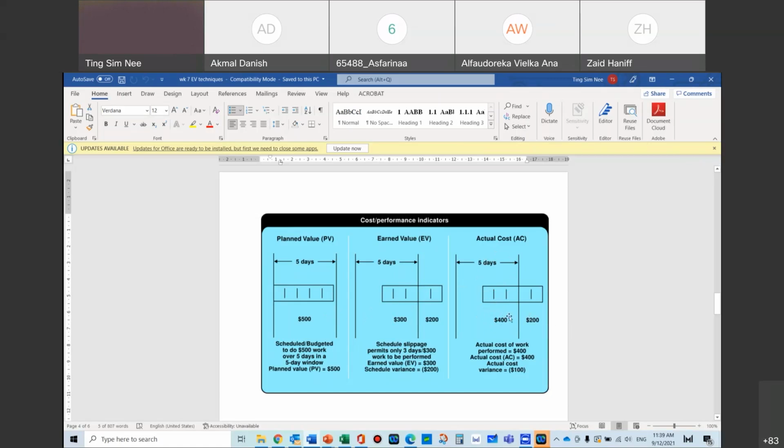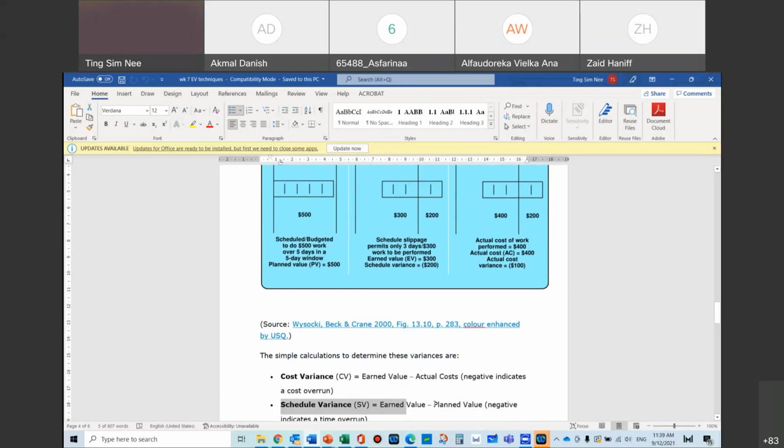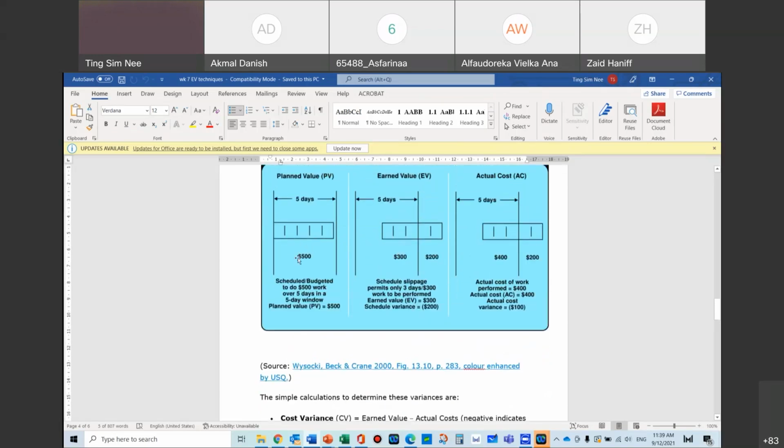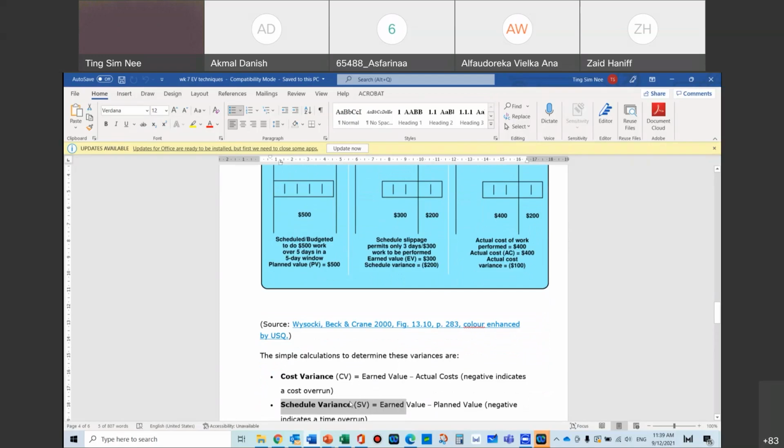But with the actual cost that you spend on the 5 days, from these three things, this minus this or this minus this, you will be on this stripe of this line. EV is 300. If you minus PV on this stripe, it's 500 because that was the planned amount of work. So EV minus PV, 300 minus 500, your schedule is actually delayed.